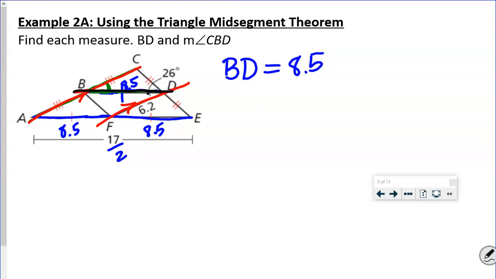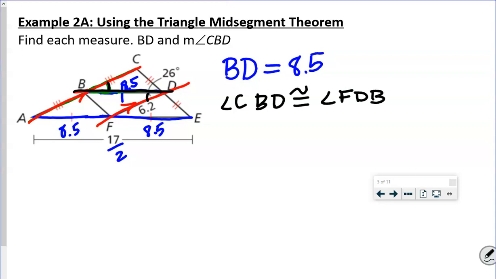Don't we know that this angle right here is congruent with that angle up there? Why? Because of alternate interior angles. So we know that angle CBD is congruent with angle FDB.